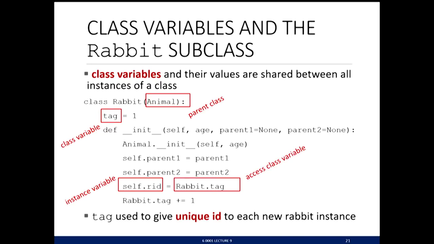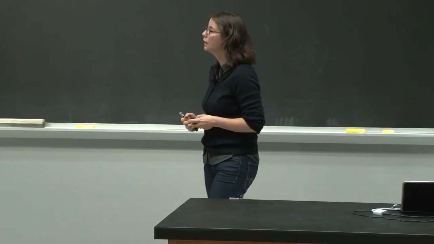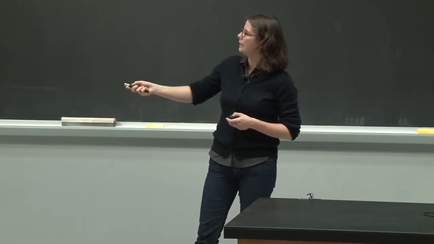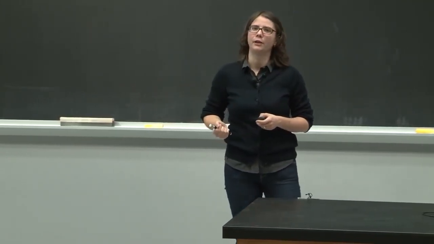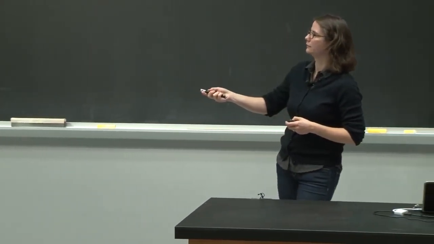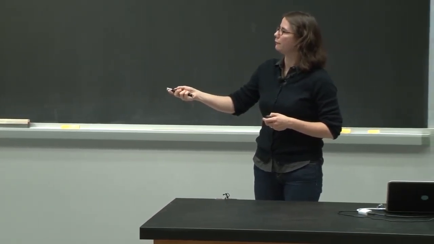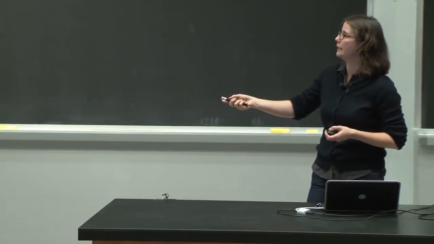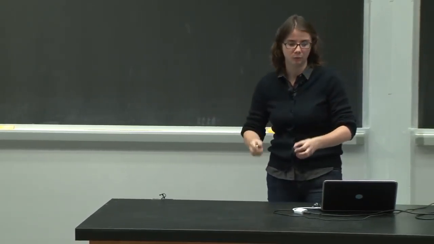So in this case, Rabbit.tag. Initially, tag is going to be 1. And then the init is going to increment the tag by 1. That means from now on, if I create any other instances, they are going to be accessing the updated value of tag instead of 1.